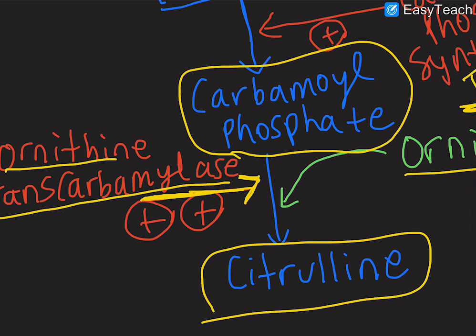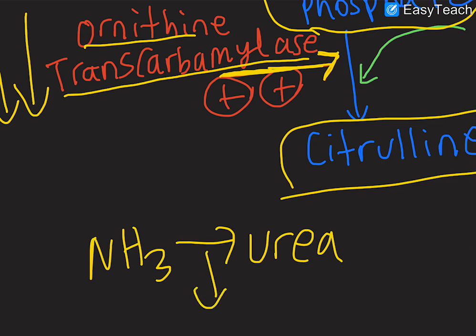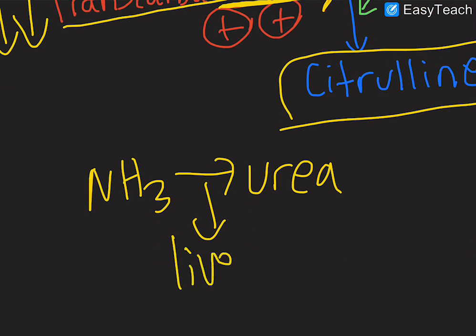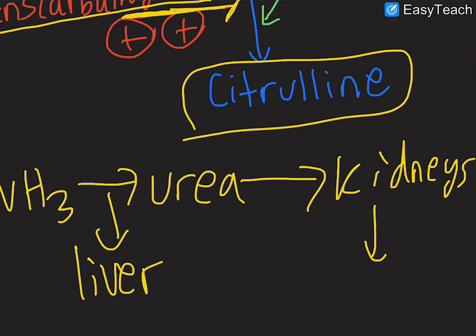You convert ammonia to urea in your liver, and then the urea goes to your kidneys and you pee it out, so it goes into your urine.